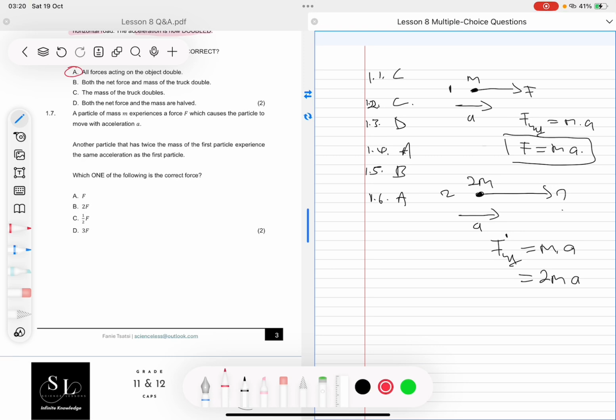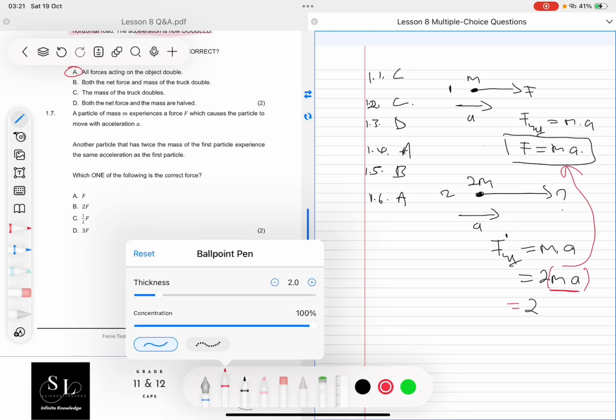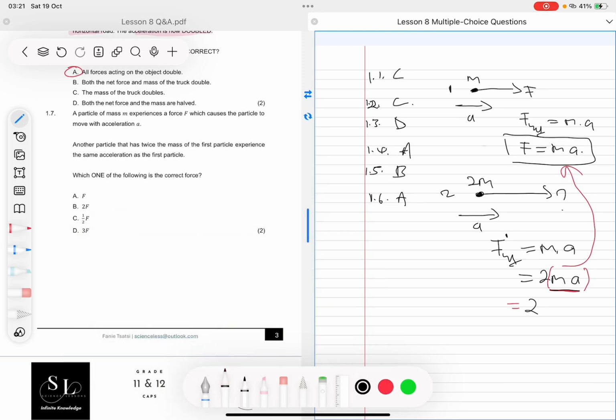Now if you look at this properly, you would see that I can put brackets here, so that now I have two, but now this part here is exactly this part here, right? So we can replace this part by the F. So this means the new net force prime is equal to 2F. And our option there has to be B, which is 2F, right?